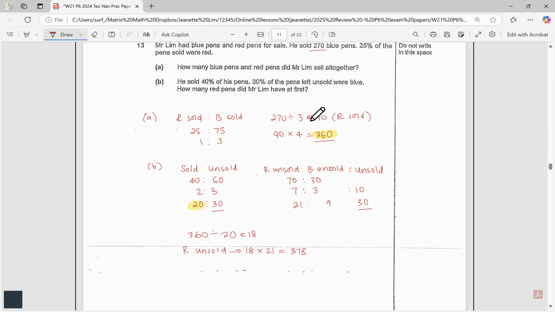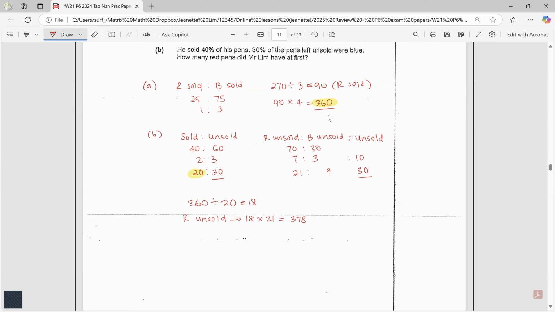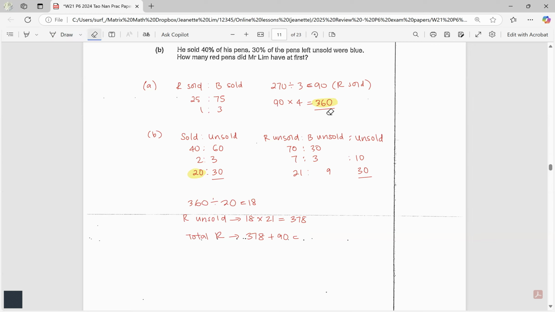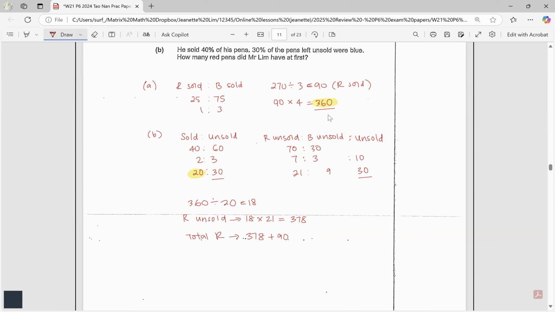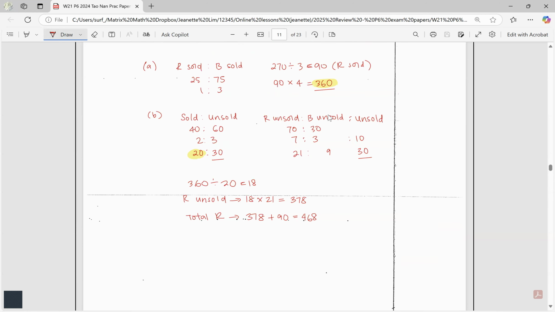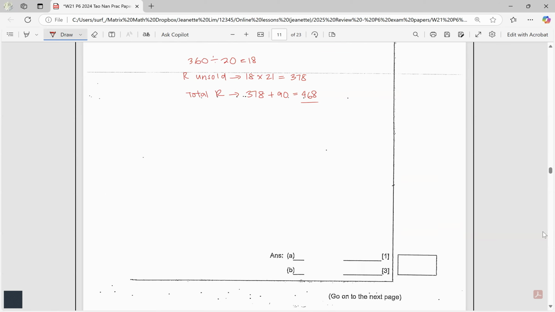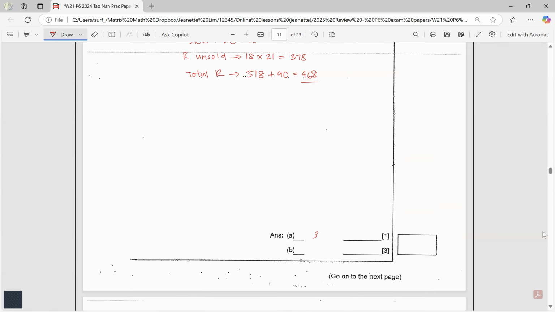Okay, so 378 plus 90, 468. Okay, so that is the total number of red for part A. 360, 468.